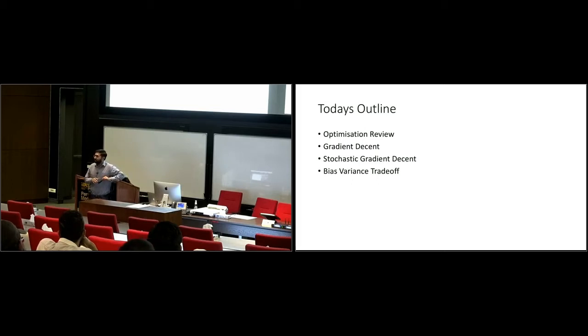When the time comes, I'll explain it. It's quite simple. There is nothing too fancy about it. By the way, how many of you know about gradient descent and stochastic gradient descent? Just quick. Okay, so at least two guys. We would have a look at stochastic gradient descent, and if time permits, we would look at the bias variance trade-off and see how it fits in our machine learning framework.